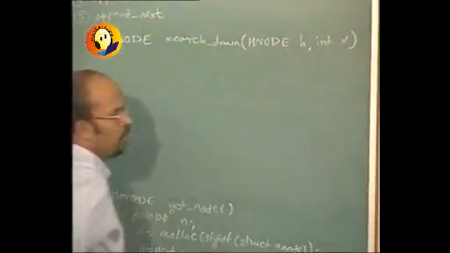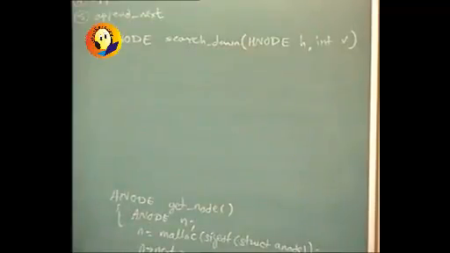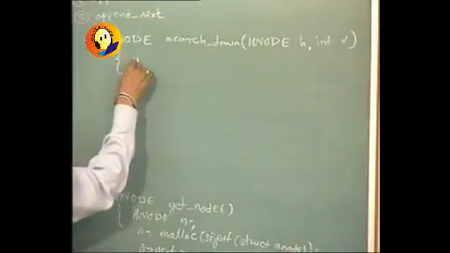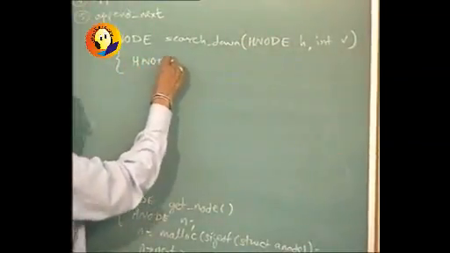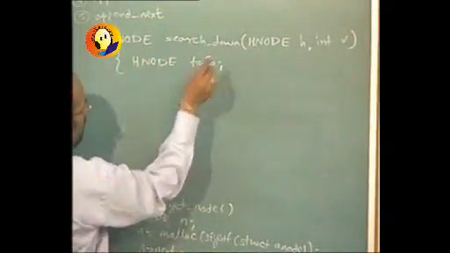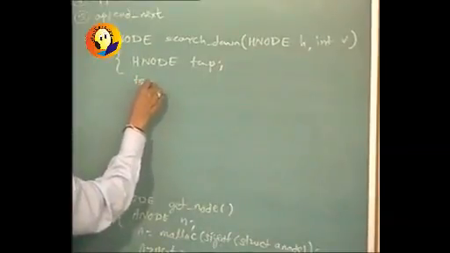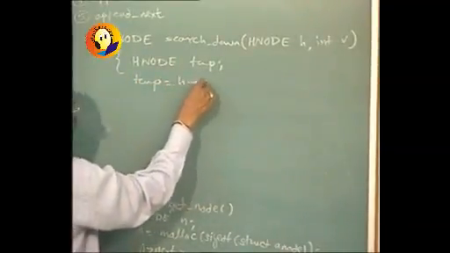int v. H node type temp, you will say temp equal to h arrow down.